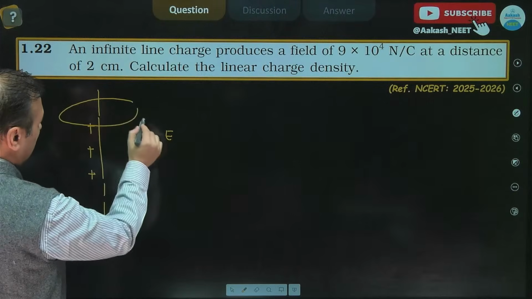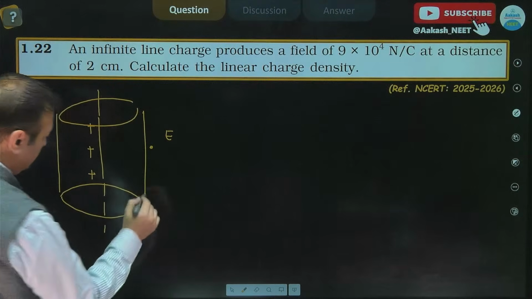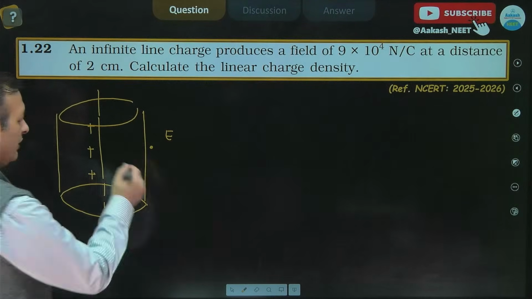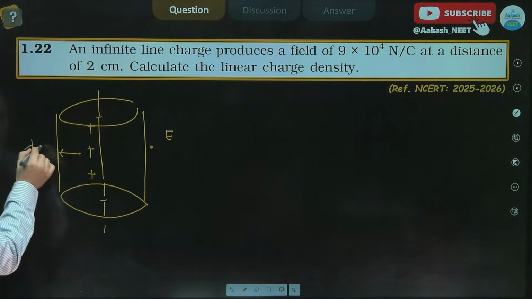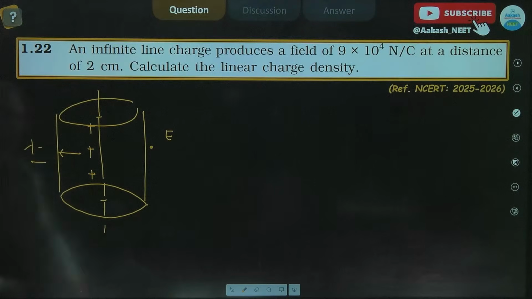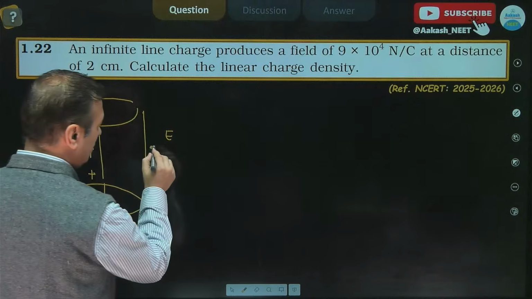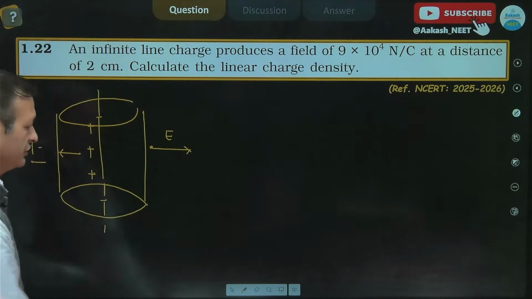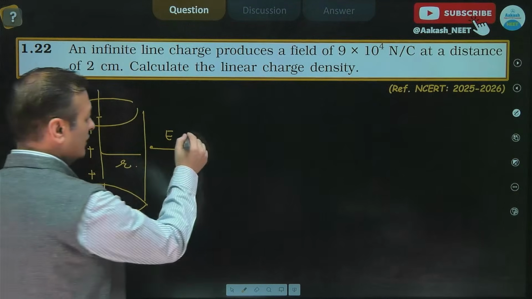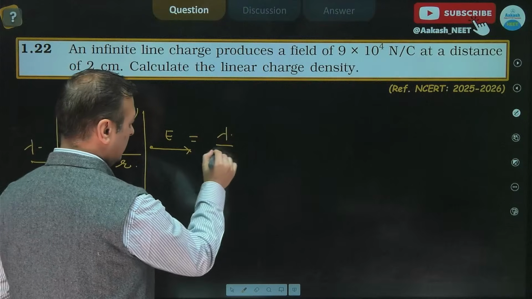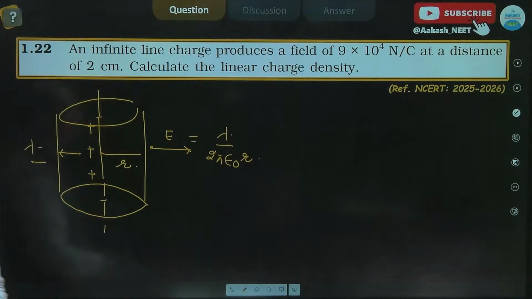We'll enclose it with an imaginary Gaussian surface, and this has a linear charge density lambda. So when you use your Gauss's law and find out electric field at this point, which is at a distance r, what is the value of electric field? So electric field is lambda by 2 pi epsilon naught r. Got it or not?